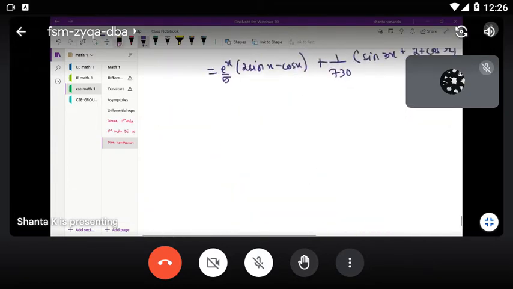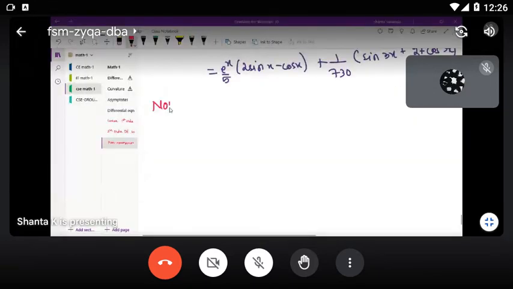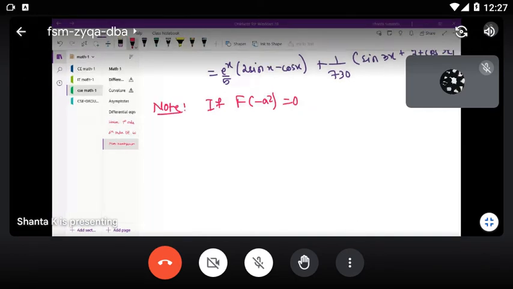So now we will look at the situation where f of minus a squared is 0. Then the previous formula will not work.